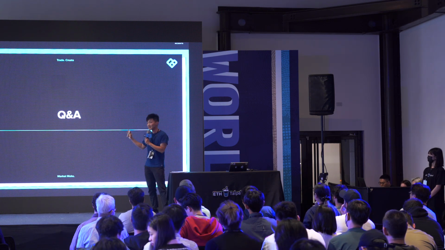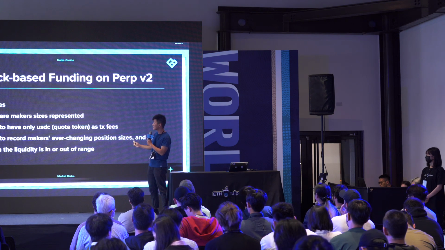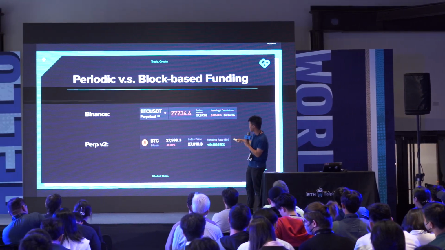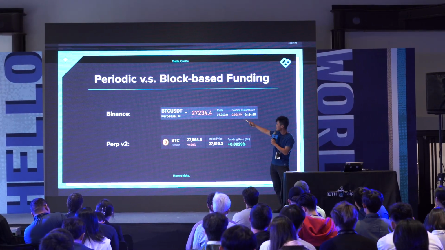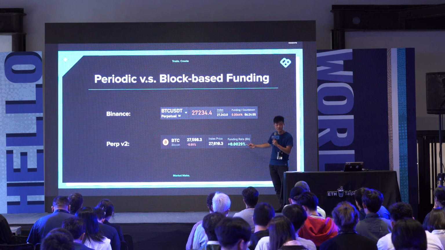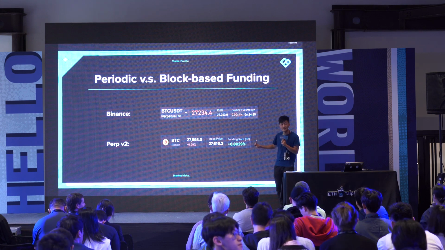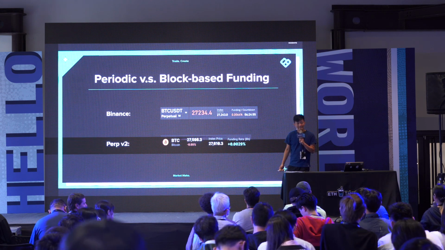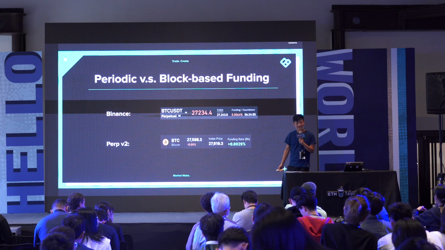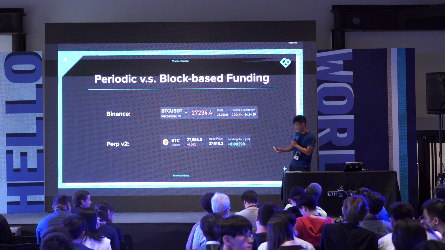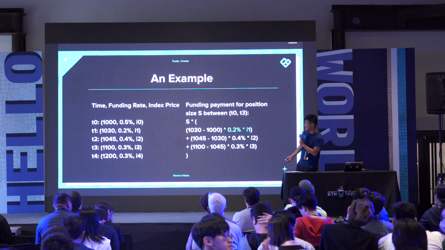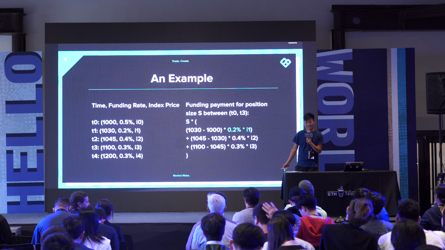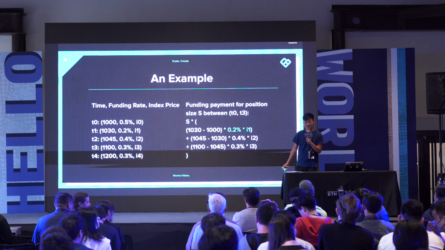Oh, okay. So it's not predicted. I think it depends on the two genres of funding implementation. Let me find it. So are you describing this one, whether it's predictable on Perpetual Protocol v2? Yes. For example, the example is to calculate the time from T0 to T3, and the funding rate is like 0.5 percent. Is this number predicted?